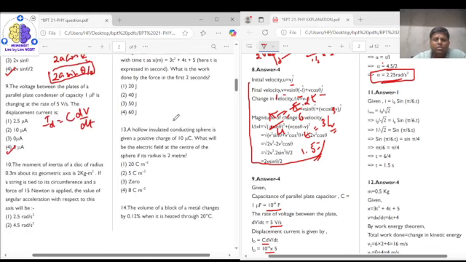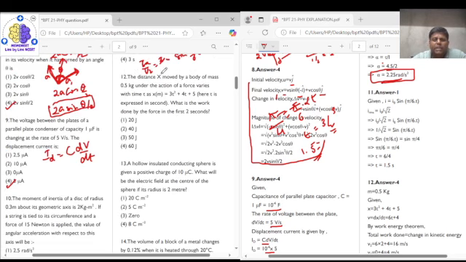Coming to question number 12, the distance x moved by a body of mass 0.5 kg under the acceleration of a force varies with time t as this. What is the work done by the force in the first 2 seconds?